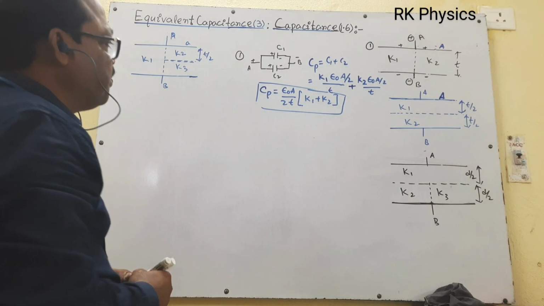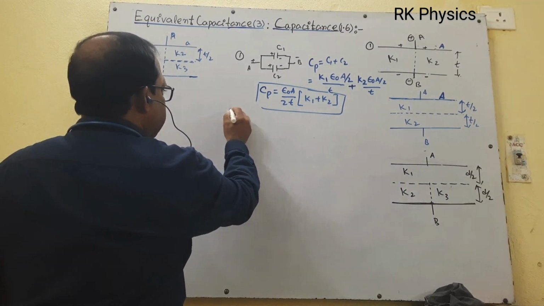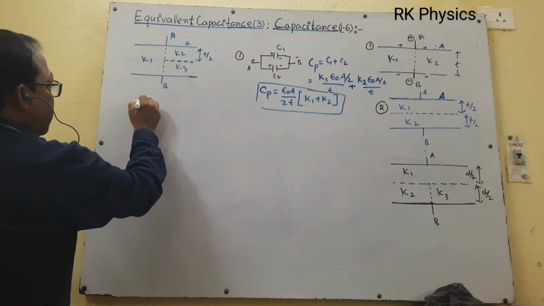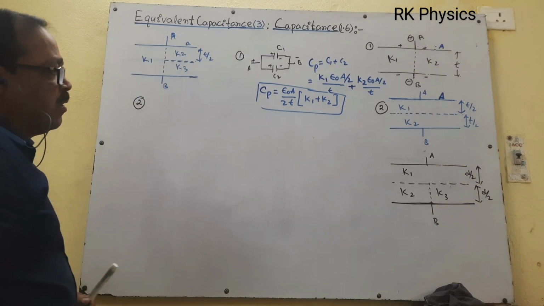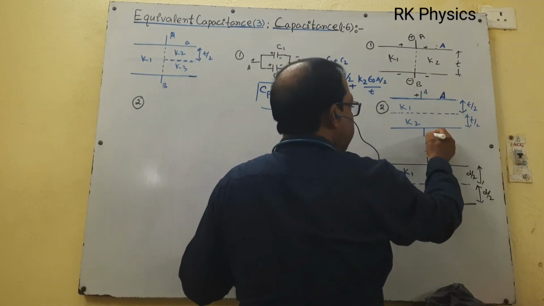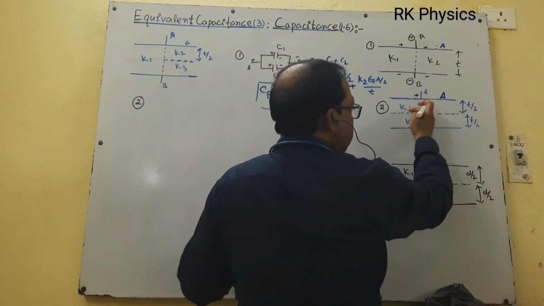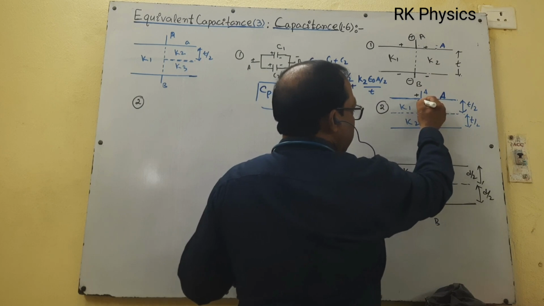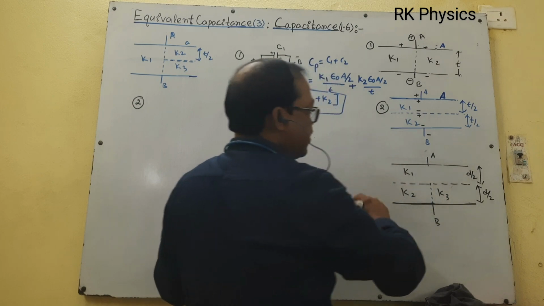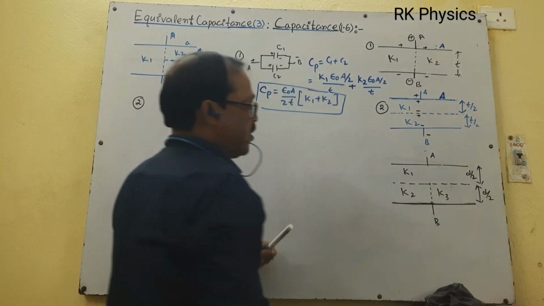Now let us come to the second circuit. In the second circuit, same principle, A is plus and B is minus. Therefore this is divided like this. So on the inner side, this is plus, this is minus, this is plus, this is minus. This is the partition of dielectrics.